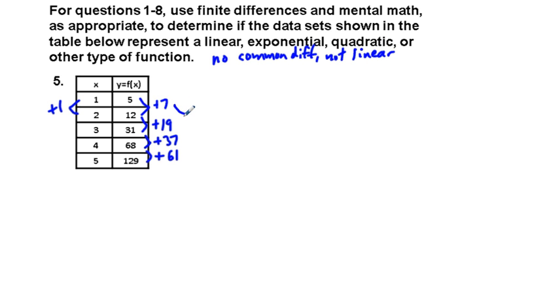Now we're going to go to second differences. 19 minus 7 is going to be +12. 37 minus 19 is +12. And 61 minus 37, that doesn't look right, does it? Is that 61?